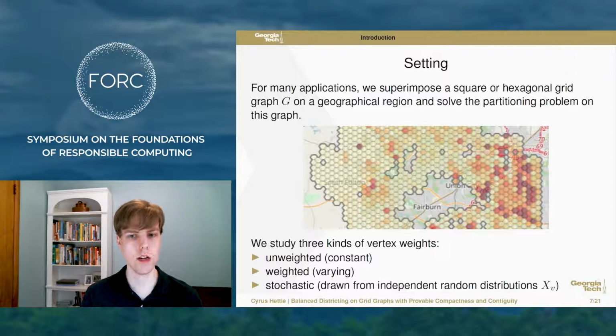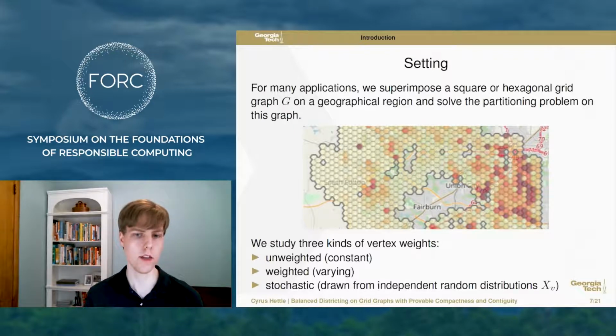So with the goal of trying to achieve all these objectives and do it efficiently, we're going to focus on the setting where the graph is a square or hexagonal grid graph. This is possible in many applications. For instance, if we have a map, we can superimpose a square or hexagonal mesh onto the region and get a grid graph from that, then solve the partitioning problem on that graph and apply it to the map.